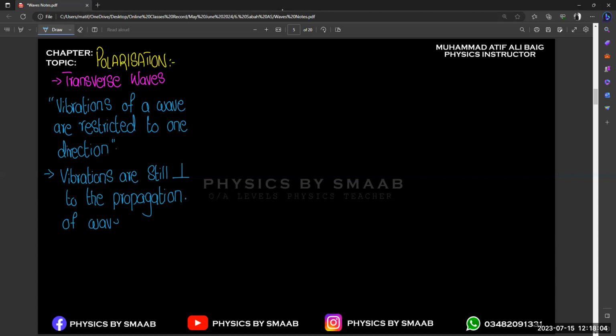If you are using direction of wave, you don't need to use the word propagation, and if you are using propagation, you don't need to write direction of wave. They mean the same thing. Or you may also write transfer of energy, because the main concept of a wave is to transfer energy.